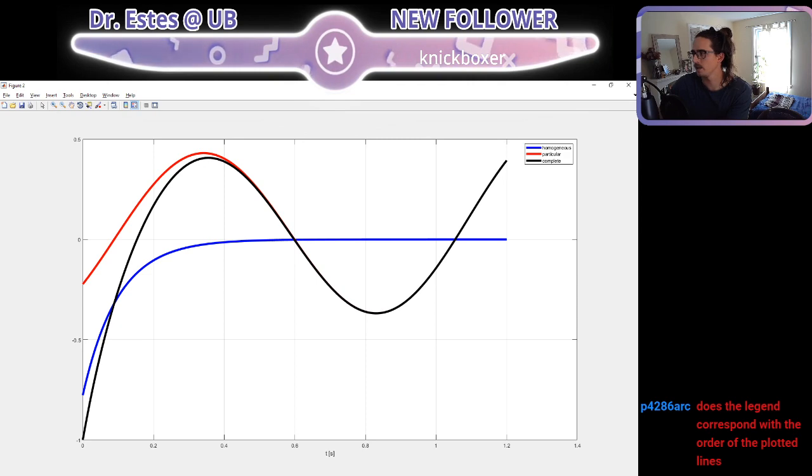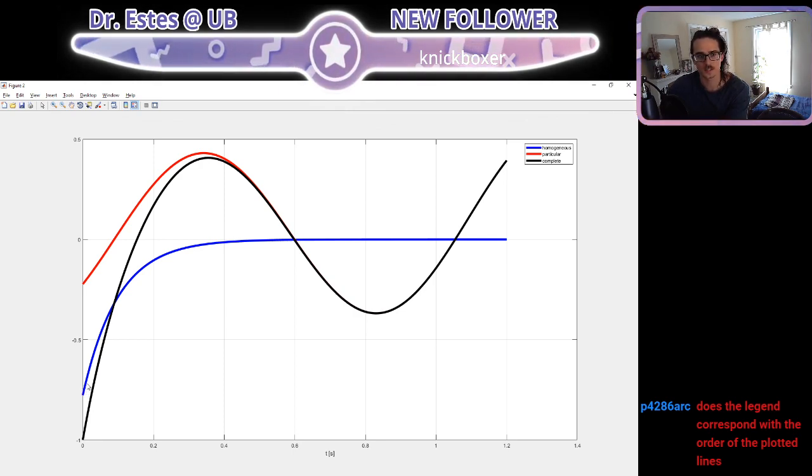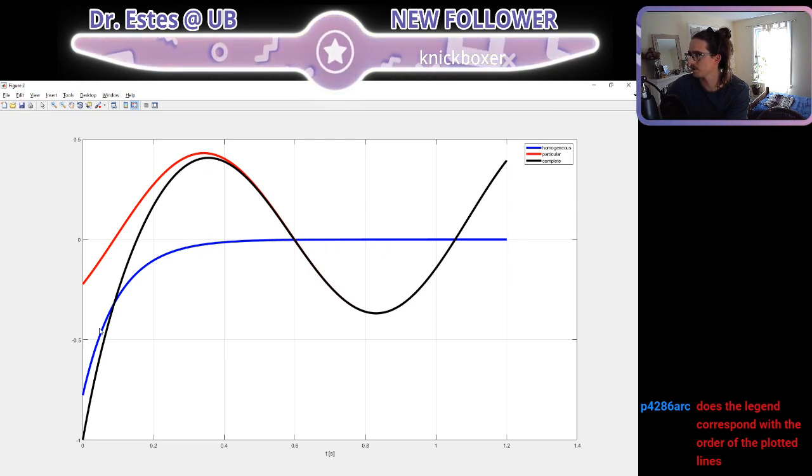This blue line is the homogeneous. And remember, the homogeneous part of our system is just a first order system. And it's stable. So it's just this decaying exponential that goes to 0. If the homogeneous part of your system is stable, it'll always eventually go to 0. Even if it's oscillating, it'll go to 0.